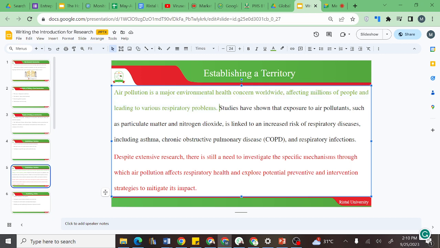And then the next sentence is that studies have shown that exposure to air pollutants such as particulate matter and nitrogen dioxide is linked to an increased risk of respiratory diseases, including asthma, COPD, and respiratory infection.